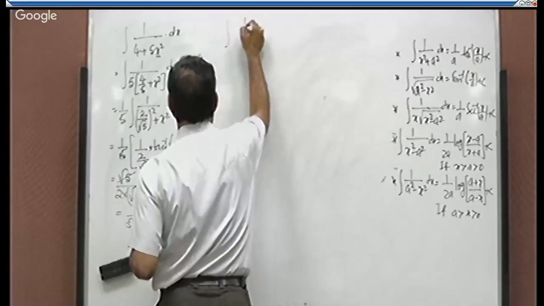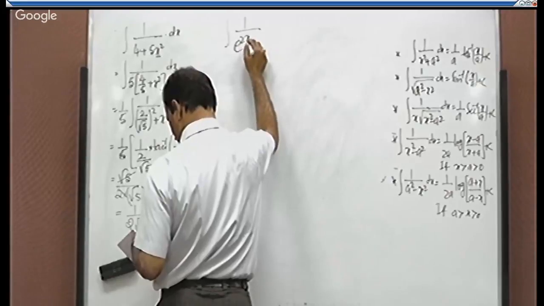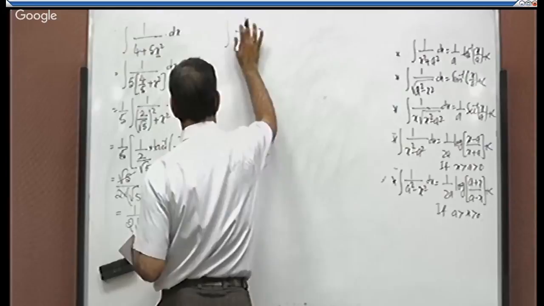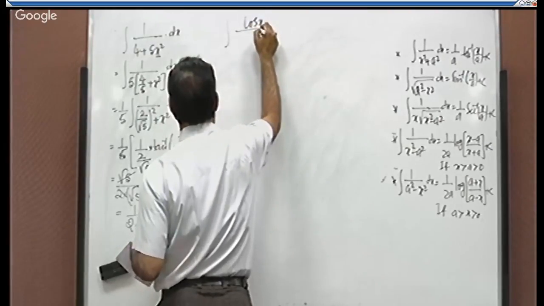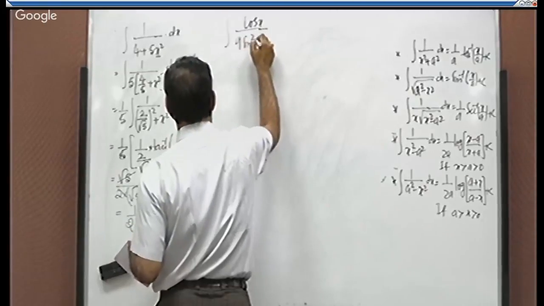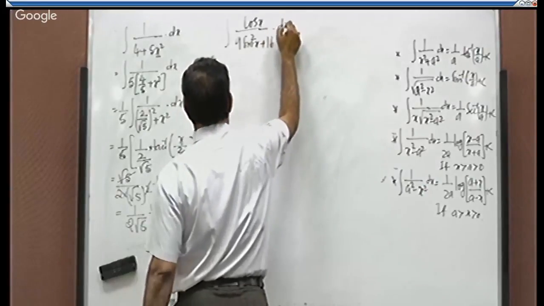Next, integration of 1 by e to the power of 2x. Or you can take cos x divided by 9 sin square x plus 16 into dx.